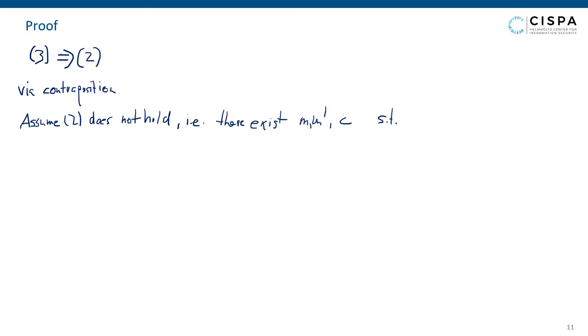such that the probability that encrypting M gives you C is not the same as the probability that encrypting M prime gives you C. Those two probabilities are different, so I can assume without loss of generality that one of them is bigger.